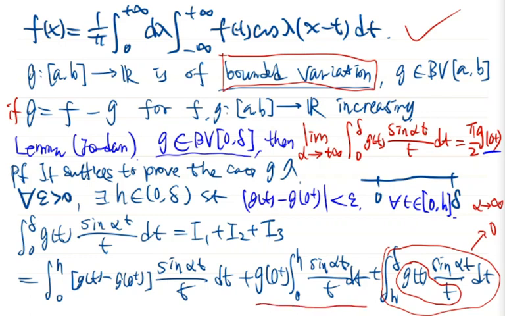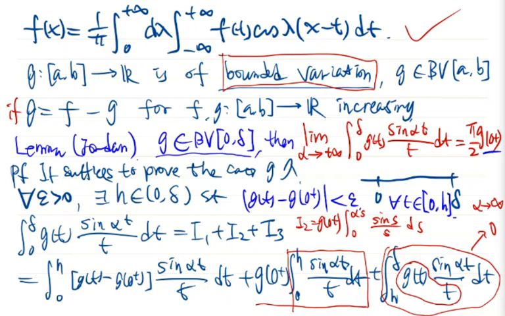we make a change of variable for the integral I2, which becomes g(0+) multiplying the integral from 0 to alpha h of sine s divided by s ds.